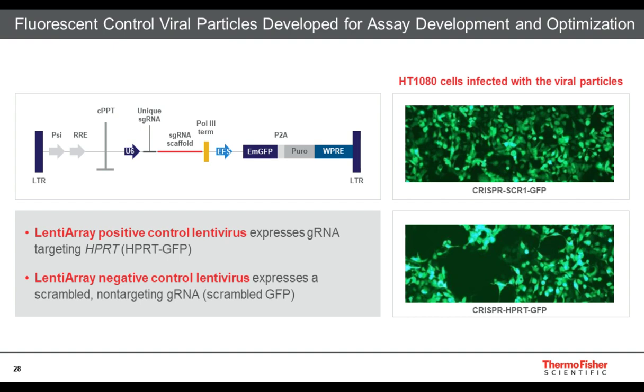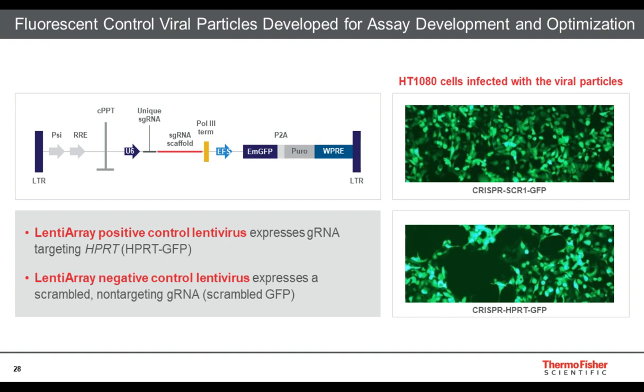Just for one example, I have here a schematic of our lentiviral library. One of our products is a library that targets the entire genome, with the goal to assay using these libraries for knockout screens.